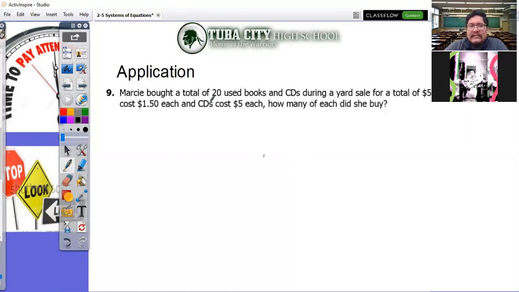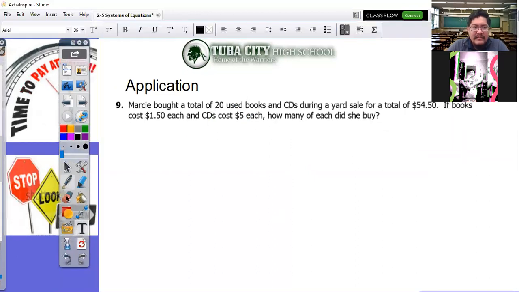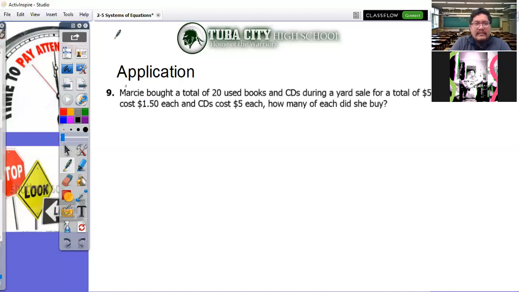All right, so let's look at the first one. There's usually an introduction when it comes to word problems, and then you have your clues and then your question.